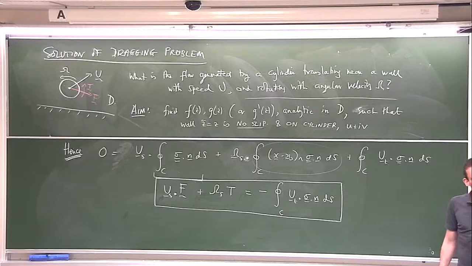What's the velocity of the fluid on the boundary of the cylinder, which is moving with speed u and rotating with angular velocity omega?